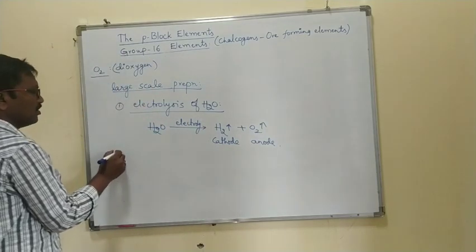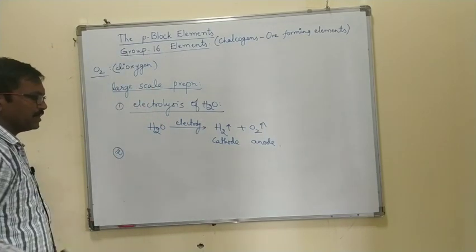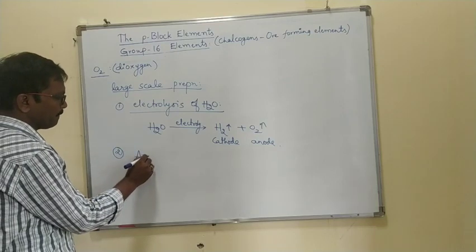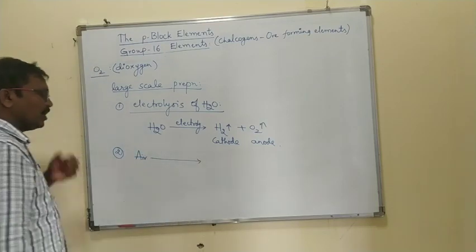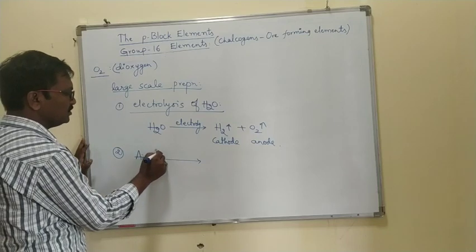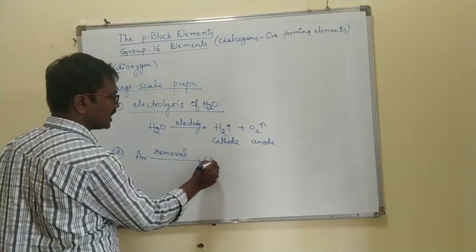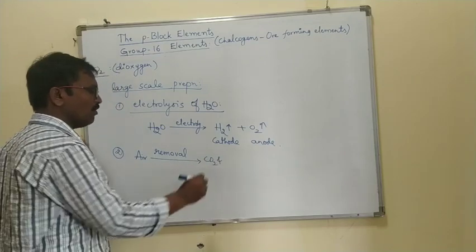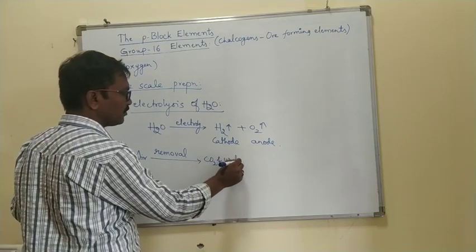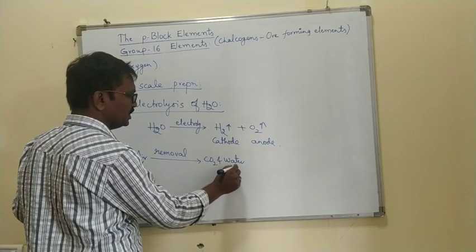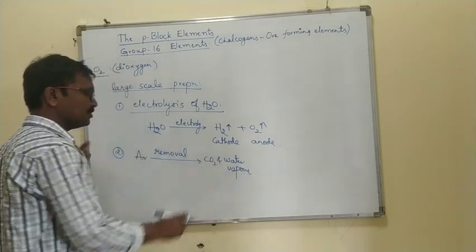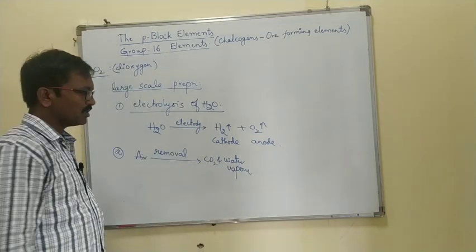The second large scale preparation is from the air. First, generally the removal of gases takes place: removal of carbon dioxide and water vapor. First from the air we have to remove the carbon dioxide and water.